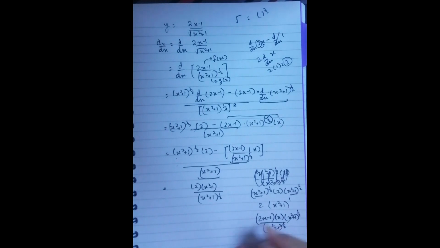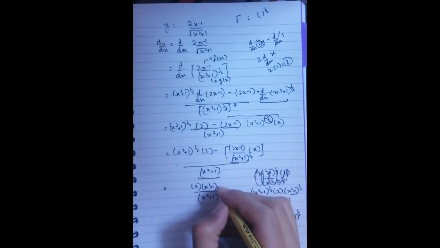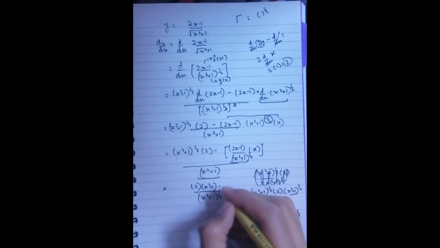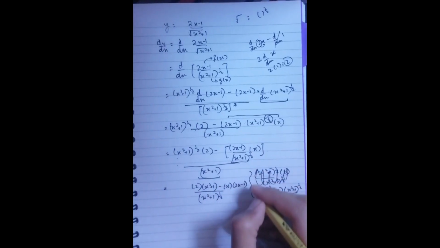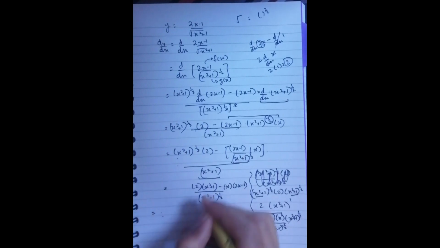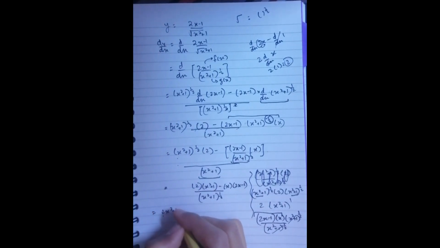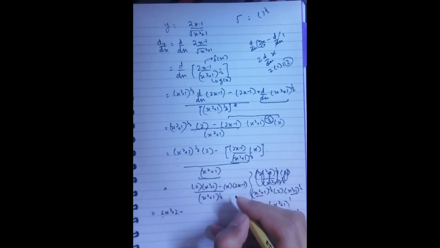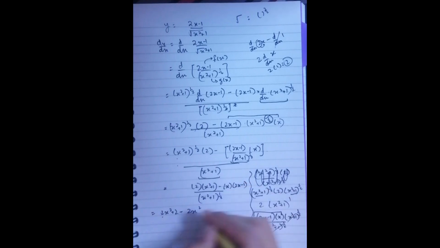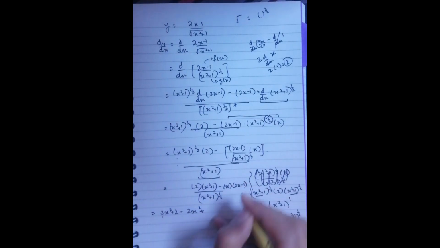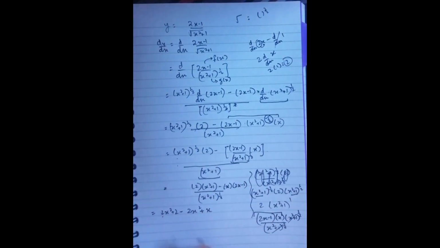So this would be cancelled, and what would remain? (2x minus 1) times x, so it would be x times (2x minus 1). Got it? Now let's move on: 2x square plus 2 minus. Now see over here, x times 2x is 2x square, minus minus is actually positive, and x times 1 is x. So this is the final numerator.